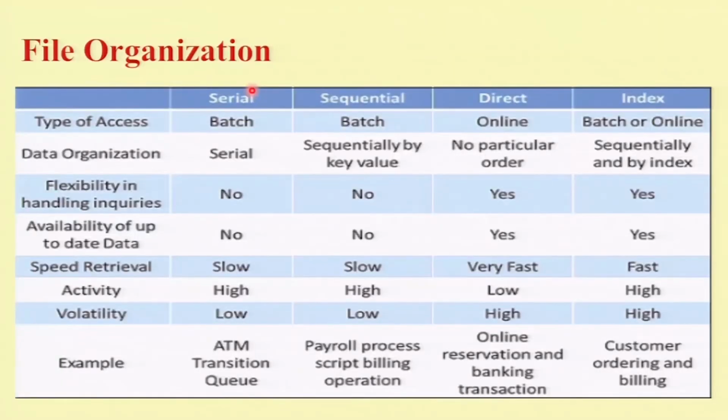Now, what is an online access? You go to an ATM counter, you insert your debit card, you type in withdrawal, you type in your PIN number. If it is valid, if your account has sufficient balance, when you give withdrawal, the amount will come out from the ATM machine.